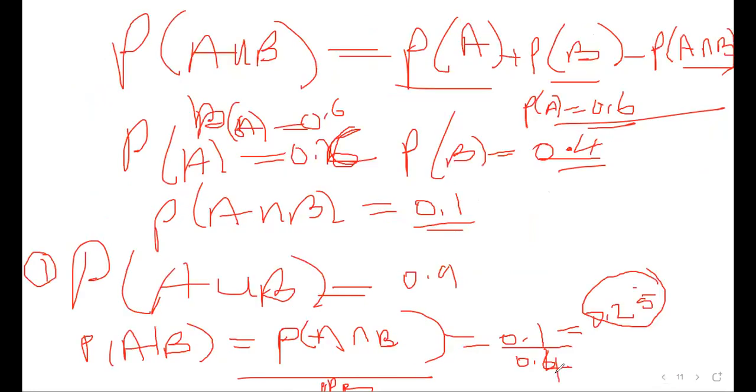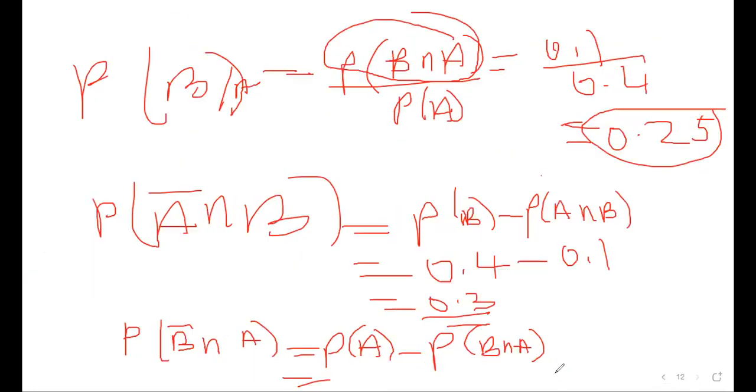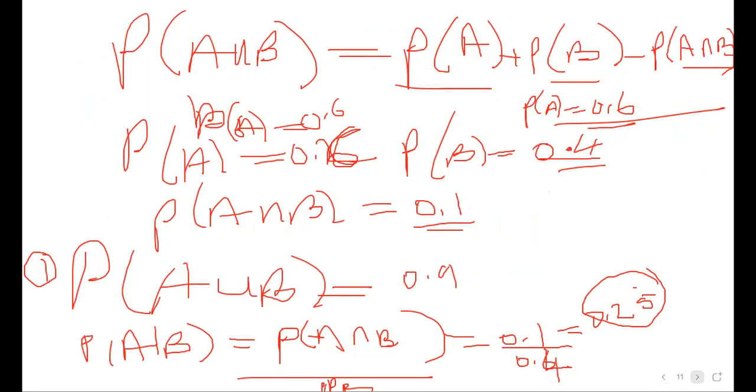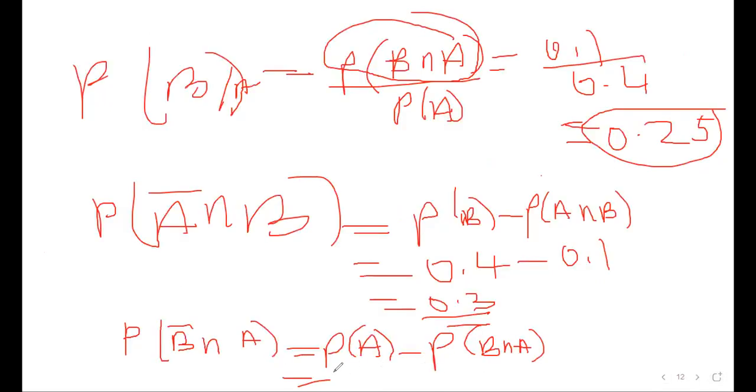The probability of A is 0.6. Okay, so 0.6 minus the intersection set of 0.1. So the answer is 0.5.